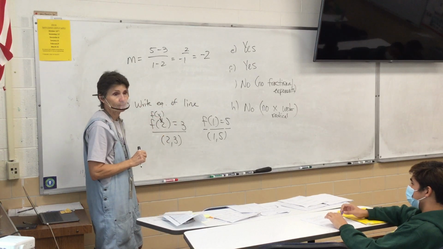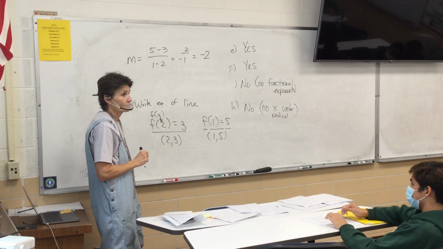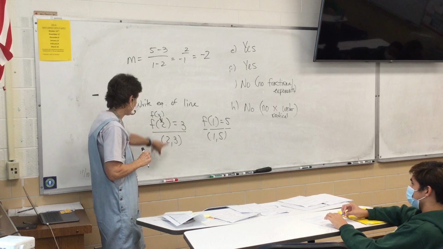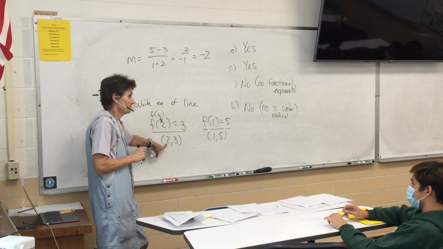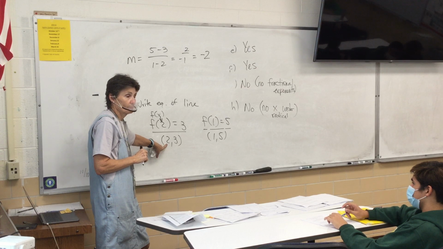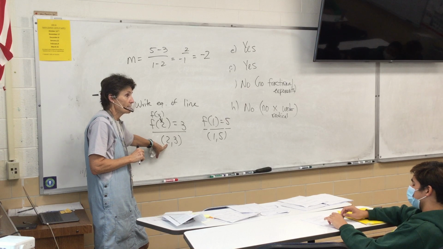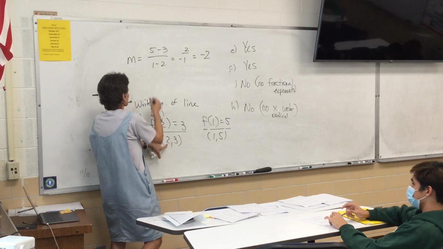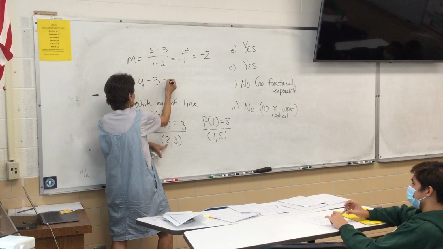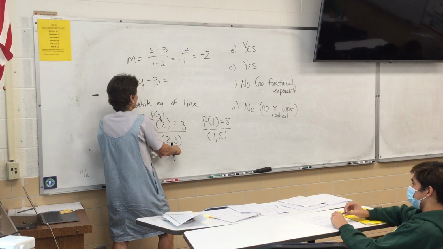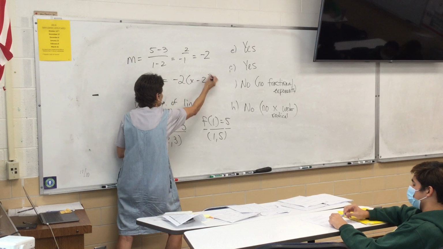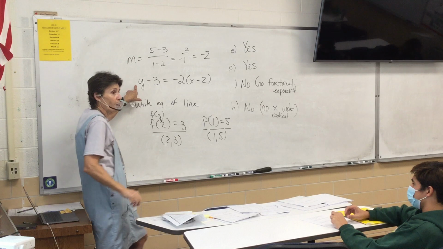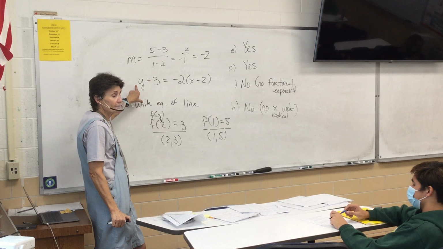Now what do I do? Pick one of the points, I'll just pick this one because it's closest to me. And then what? It's called point slope. Point slope, yeah. So we're going to do y minus 3 equals -2 times (x minus 2). Remember that? y minus the y equals m times x minus the x.